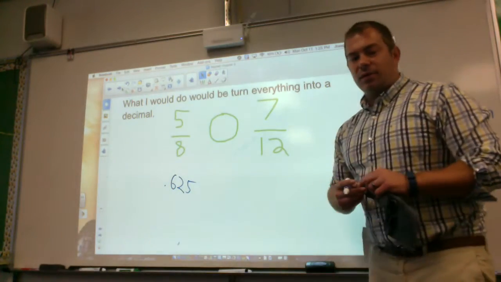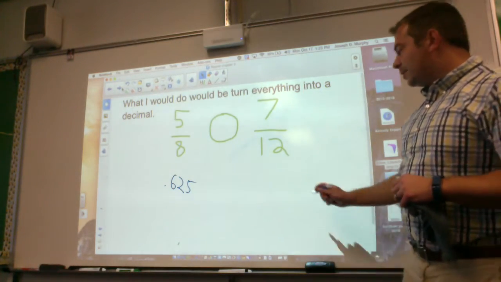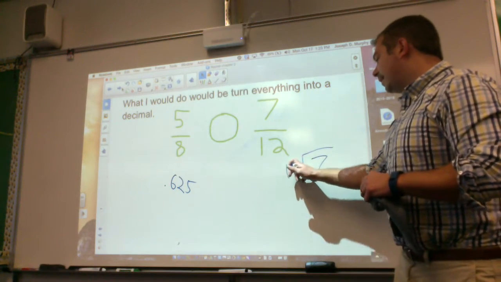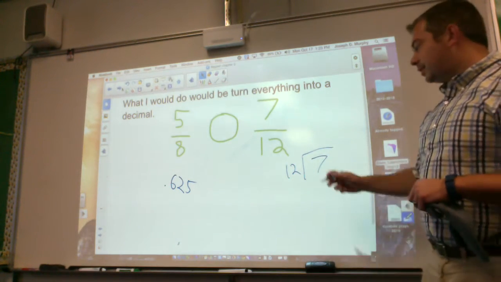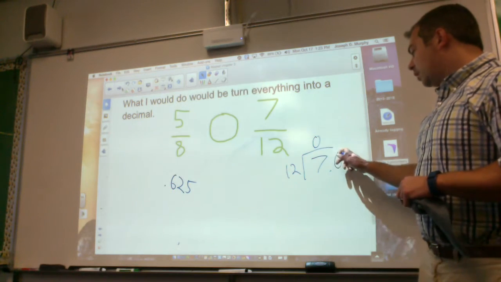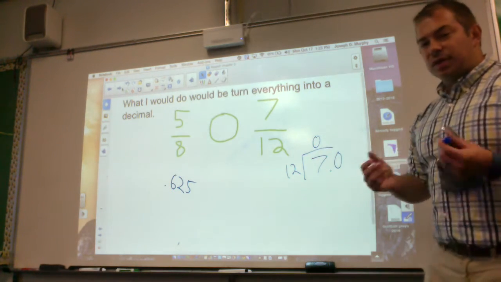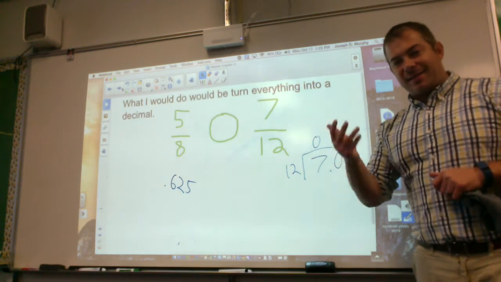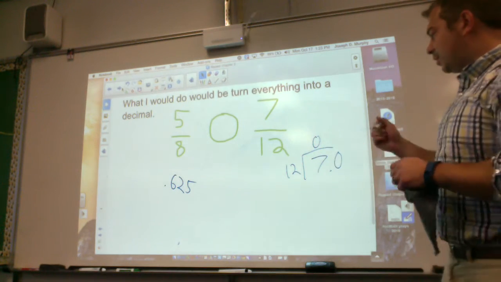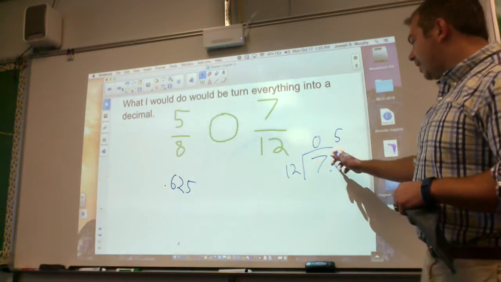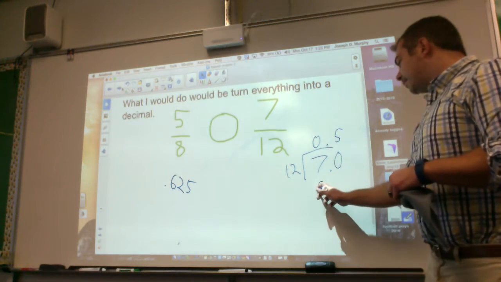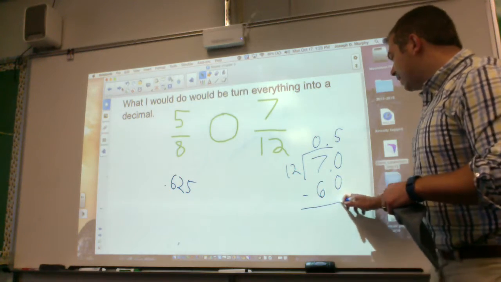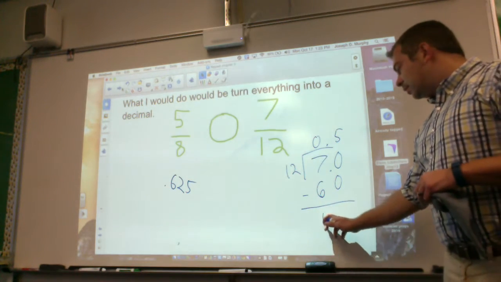This is 7/12, all right, which is the same thing as 7 divided by 12. Now 12 goes into 7 0 times. How many times does 12 go into 70? You just got to skip count. 12, 24, 36, 48, 60, 72 would be too far, so it goes 5 times. Bring my decimal up. 70 minus 60 equals 10.